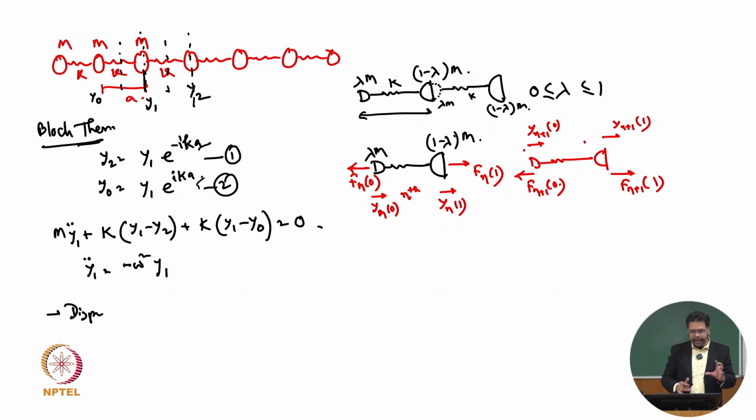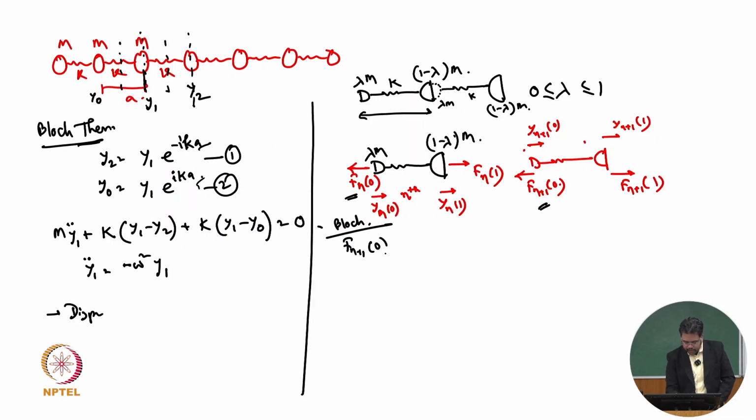Okay, and now if we try to apply the Bloch theorem, because they are periodic, what are the vectors associated here? The vectors associated here are Fn0, and what is the counterpart of Fn0? Fn+1,0. So what will be the Bloch theorem for this case? Fn+1,0 will be equal to Fn0 times e to the power of i kappa l.